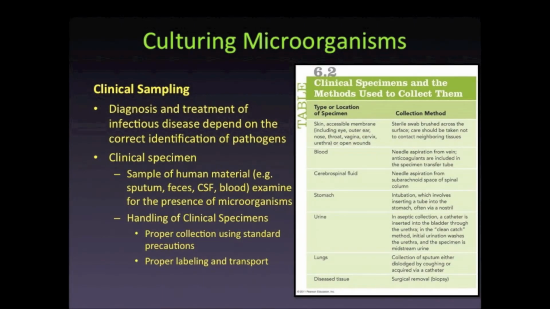Microbial specimens can be taken from a variety of sources. Environmental microbiologists would take specimens from sources such as the soil, bodies of water, or the air. Clinical specimens, which are of special interest to this class because of our focus on medical microbiology, are samples taken from a patient that are to be examined for the presence and identification of microorganisms.